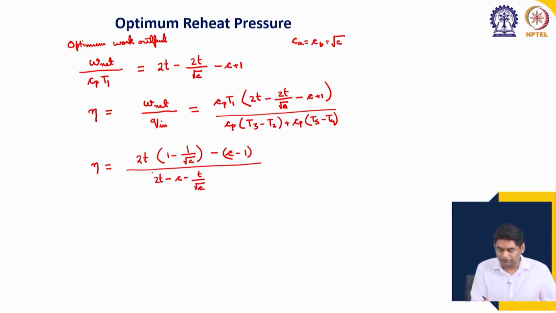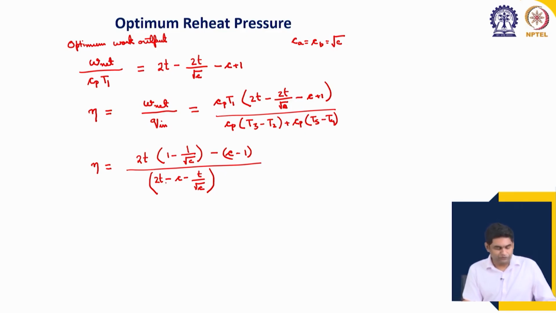Again I will remind all of you that this expression is not a formula or not to be used as a formula. This has been derived so that we can find or plot the performance characteristics, so, efficiency and work output variation with respect to T and C or T and R.